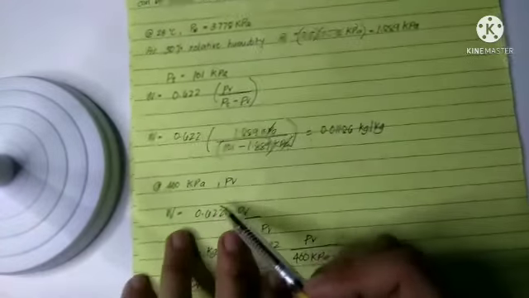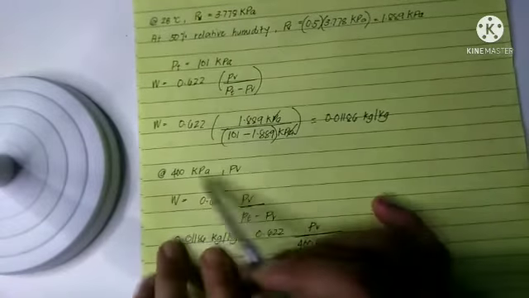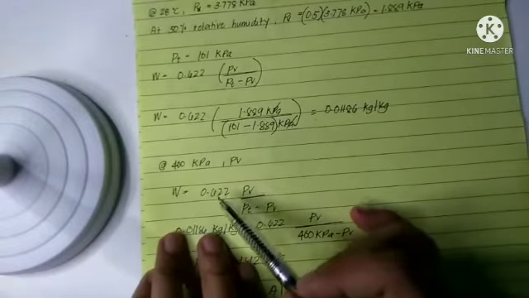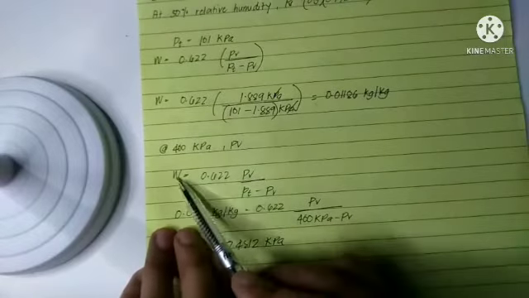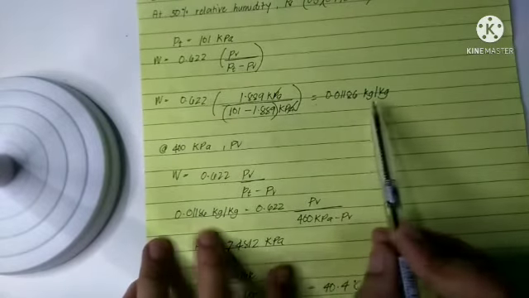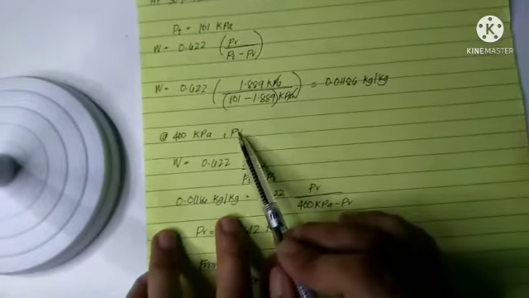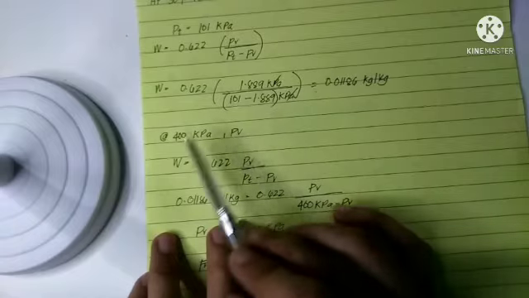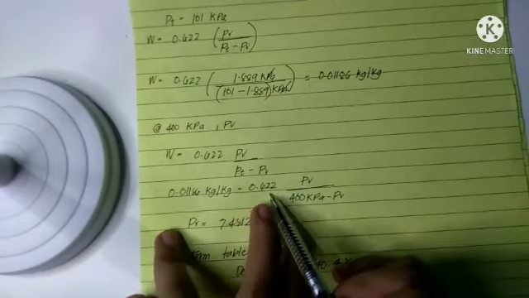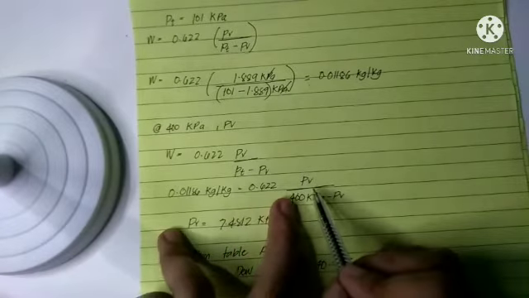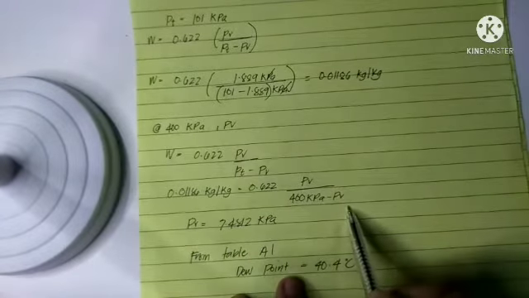At 400 kPa, we solve for the saturation pressure using the formula of the humidity ratio as well. We have the value of your humidity ratio, which is 0.01186 kilogram per kilogram. We're going to use it in solving our saturation pressure at 400 kPa. So 0.01186 equals 0.622, the constant, times your saturation pressure over 400 kPa minus your saturation pressure.